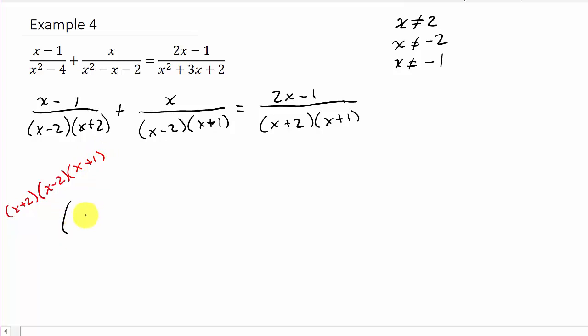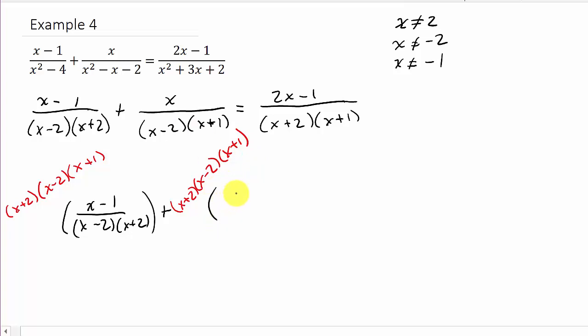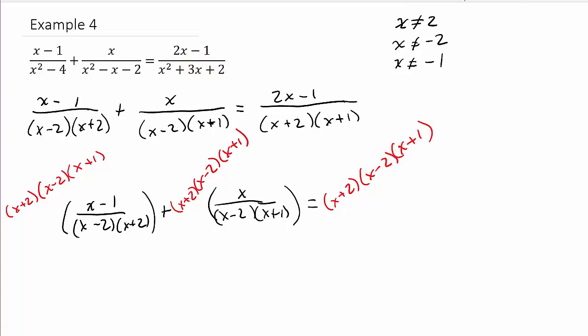So I'm going to multiply this common denominator times this term, plus, and then I multiply it times this one, so that's x plus 2, x minus 2, x plus 1, multiplied times this, x over x minus 2 times x plus 1, and that equals, and then I've got x plus 2, x minus 2, and x plus 1, and I'm going to multiply it times the last term, 2x minus 1 over x plus 2, x plus 1.